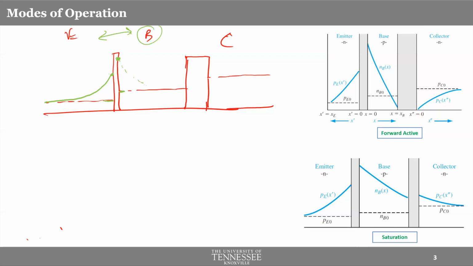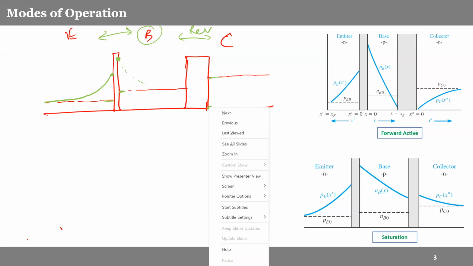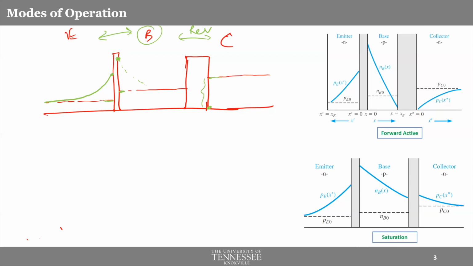But let's go to the collector now. So you have reverse biasing here between base and collector. So if the collector has reverse biasing, its minority carrier concentration will be less than the thermal equilibrium concentration. It will start from here and gradually reach the thermal equilibrium level as you go deeper into the collector.